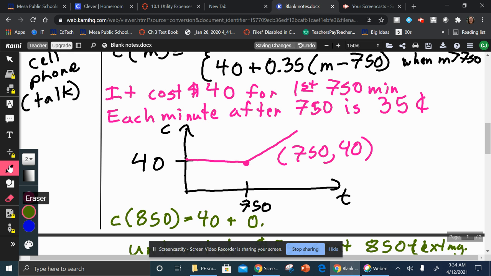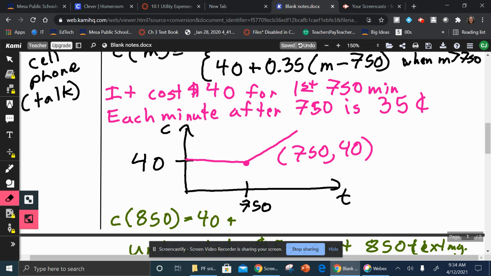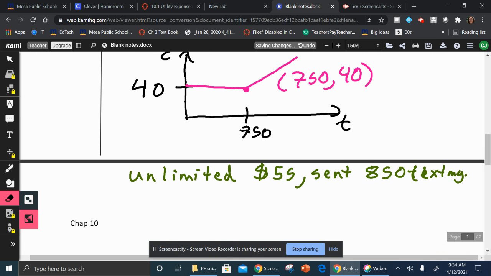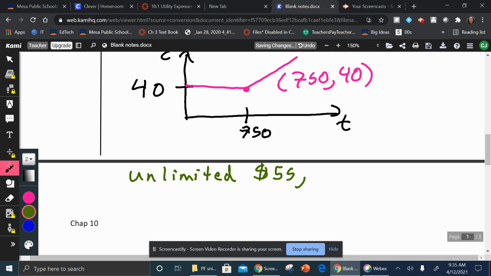Well, we want to know when the two plans would equal each other, okay? So we're going to set them equal to each other. And we want to know when the two will be equal.